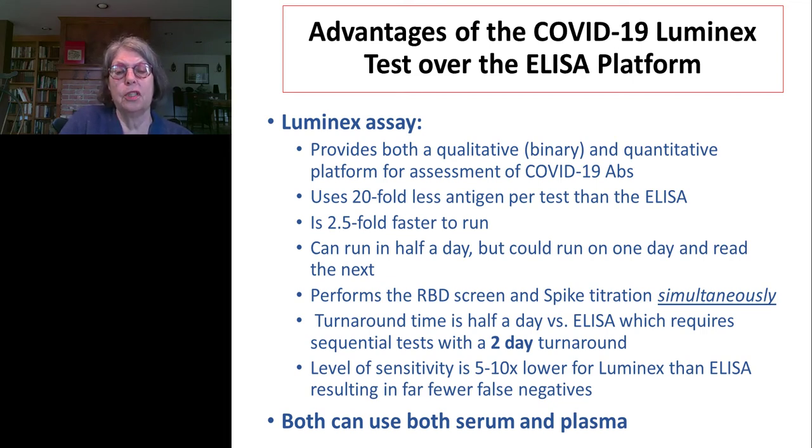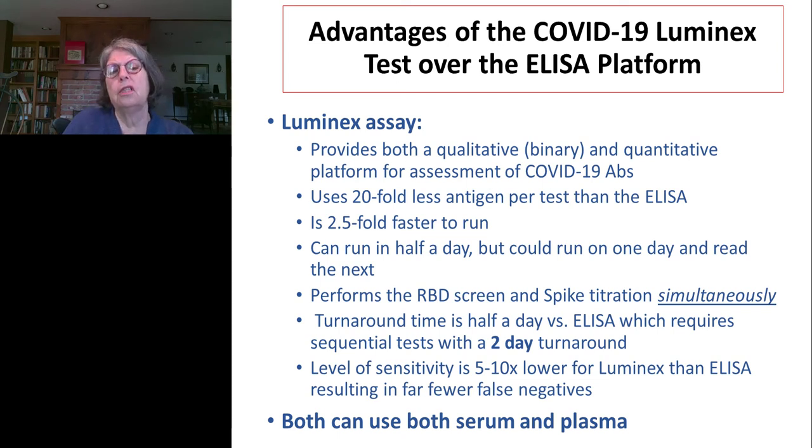Both serum and plasma can be used, and that's true for the Luminex as well as the ELISA. Now, that is a description of the antibody test for presence and level of total antibodies in serum and plasma.